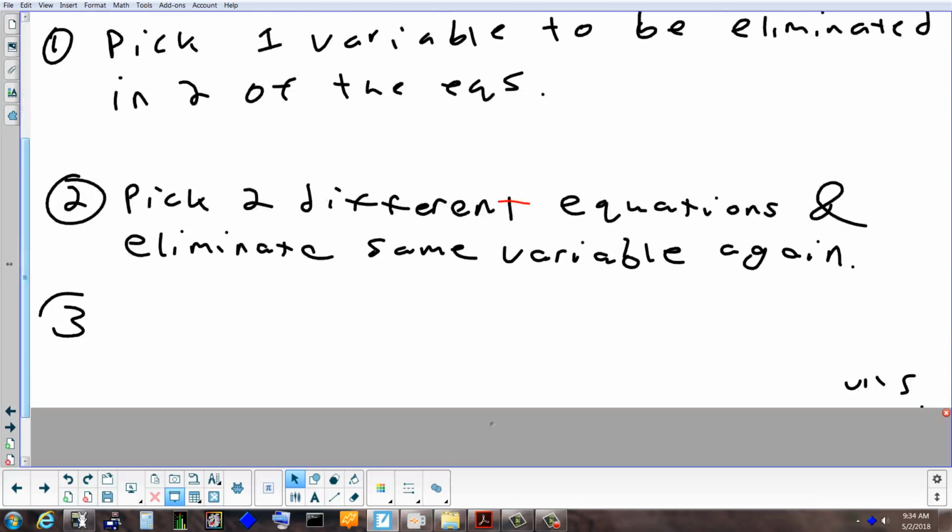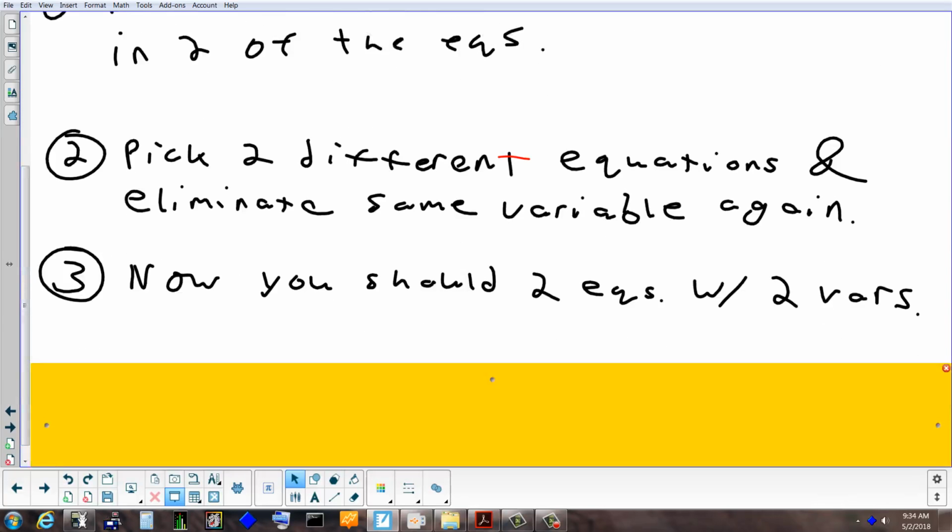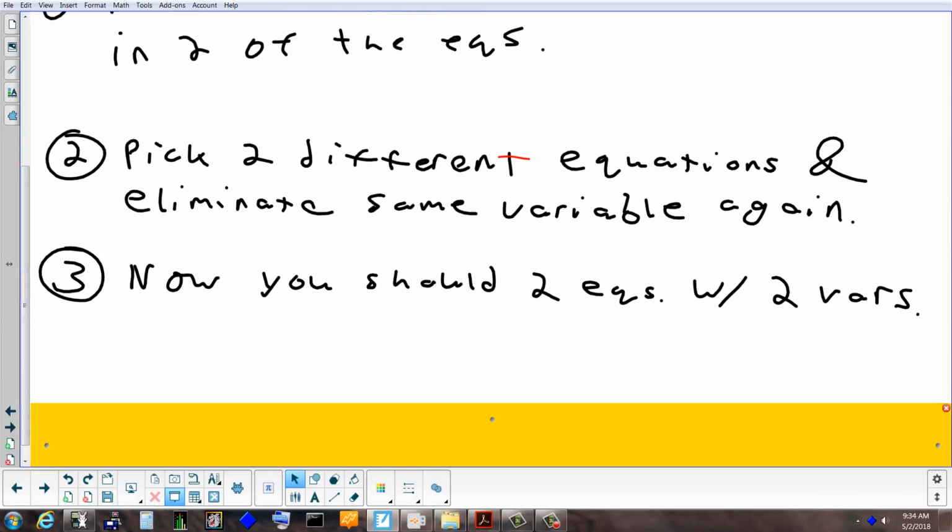So step 3: now you should have two equations with two variables. Solve that system just like we learned how to solve before, substitution or elimination. So solve as usual. Nothing new once you get to that step.